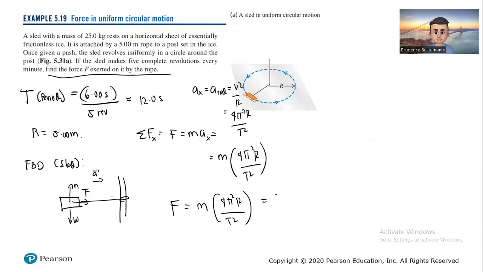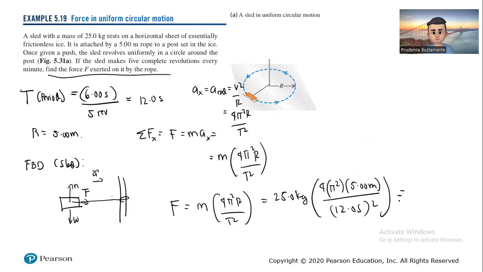So we have the mass, which is 25.0 kilograms, times 4 times pi squared, times 5.0 meters, over 12.0 seconds squared, which is equal to 34.3 Newtons.